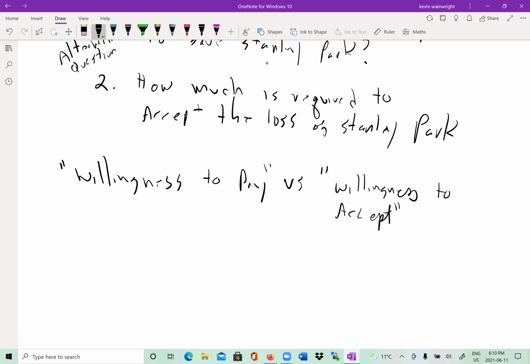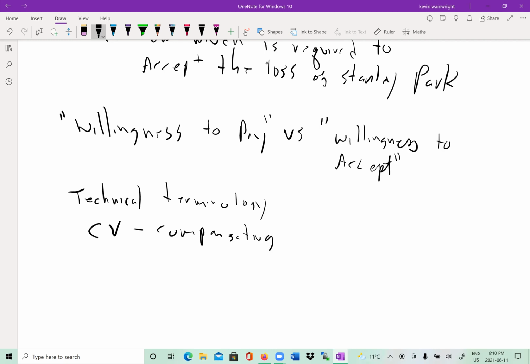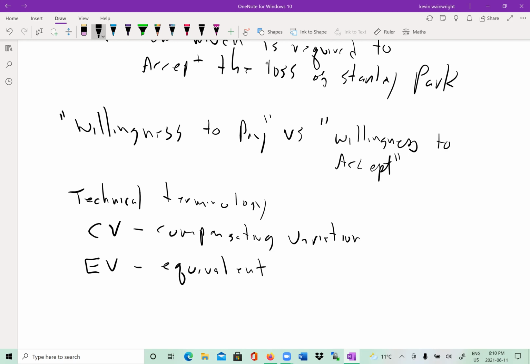Okay, so my willingness to pay for something versus my willingness to accept. The technical terminology for this is CV, compensating variation, or EV, equivalent variation.